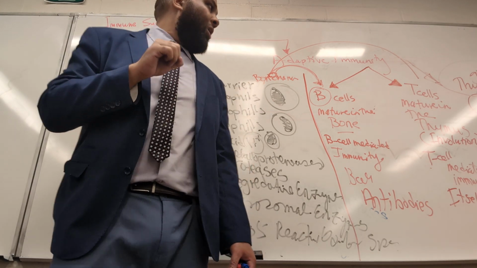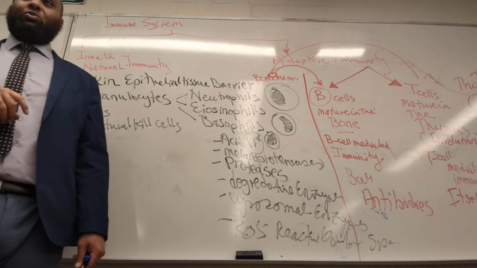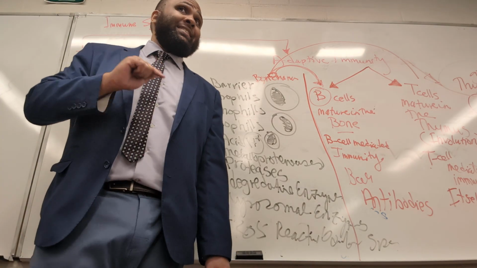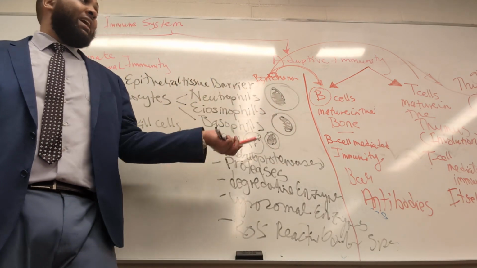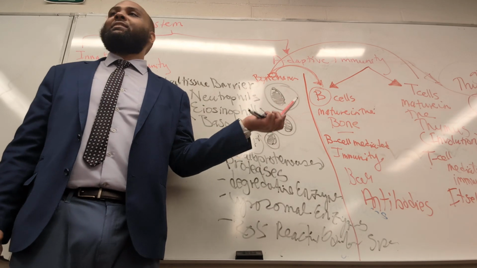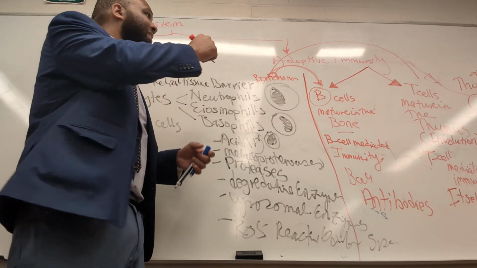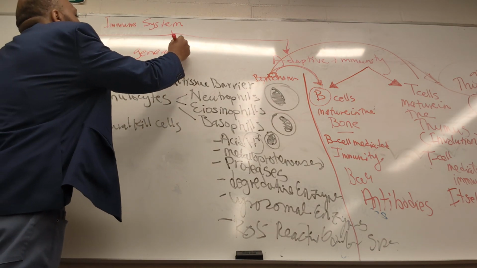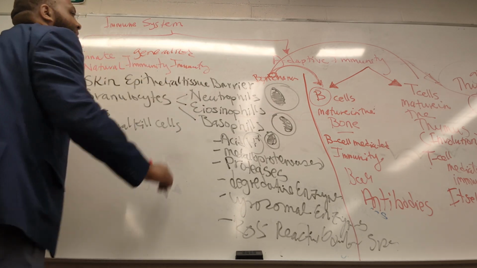Okay? Alrighty. So remember what I told you. If you want to know the difference between two things, recognize the similarities first. What's the difference between the B cells and the T cells? The B cells and the T cells both are specific. They are not generalized immunity.